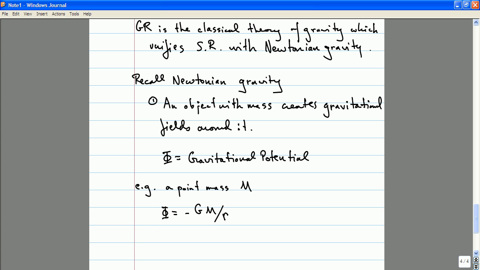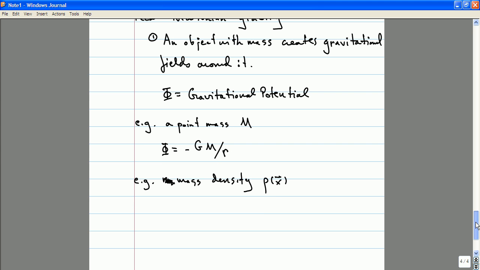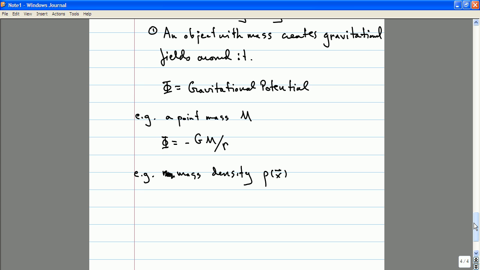Or, more generally, if we have some mass distribution, where mass is distributed according to some density, rho of x, where rho of x is the density of mass at a given point, then the gravitational potential is found by solving Laplace's equation, which says that the Laplacian of phi is 4 pi times Newton's constant times the mass density.